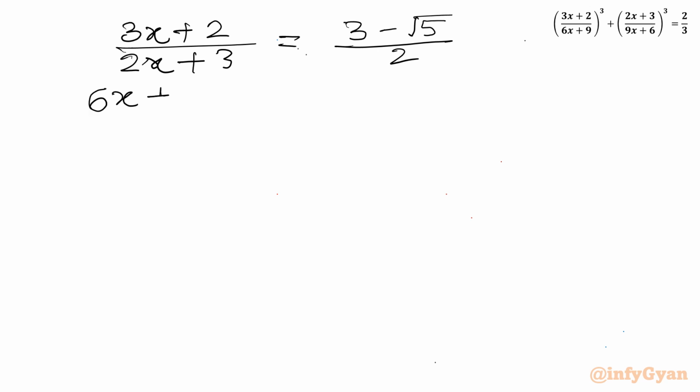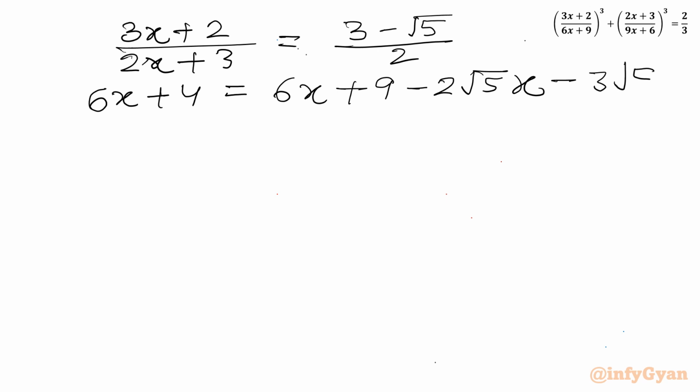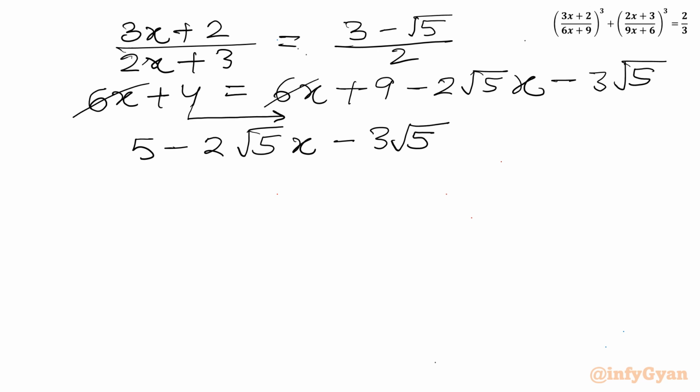So 6x plus 4 will be equal to 6x plus 9 minus 2 root 5x minus 3 root 5. Again we can cancel 6x and 6x. Now I will take this 4 to the RHS. So I will have 5 minus 2 root 5x minus 3 root 5 equal to 0.